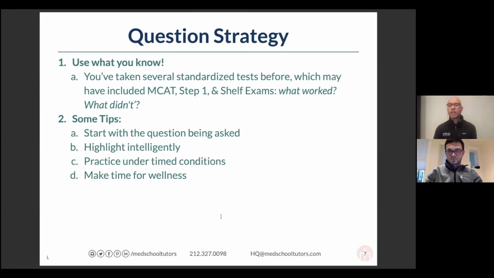I would also encourage, if you are in the position of facing your Step 2 CK study period and it hasn't quite started yet, some introspection can be useful. Think about, okay, I've taken standardized exams before, more than likely. What worked about every step of that process for you?